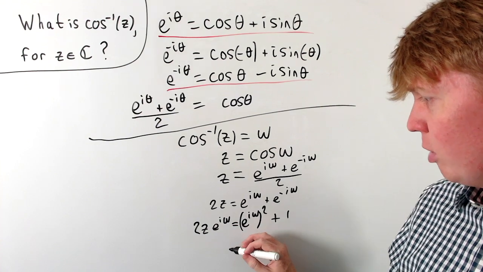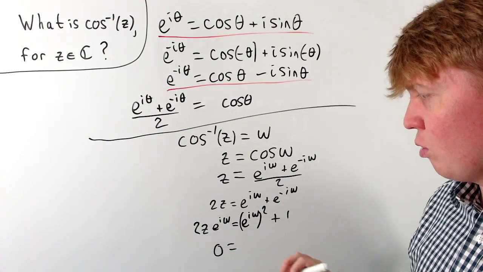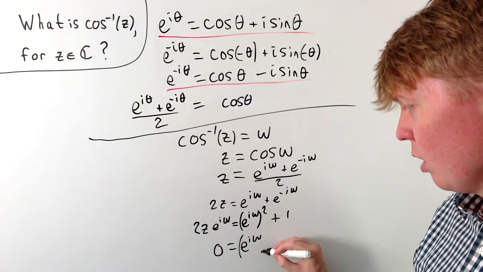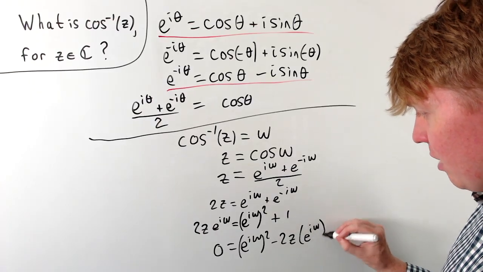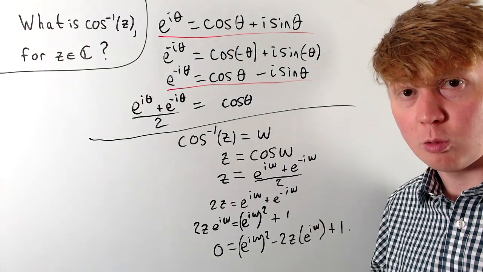So then when we rearrange this, on the left hand side we just get 0, subtracting 2z e to the iw. This is equal to e to the iw all squared minus 2z times e to the iw plus 1. So you can see we've got what looks like a quadratic equation, which we should be able to solve now.